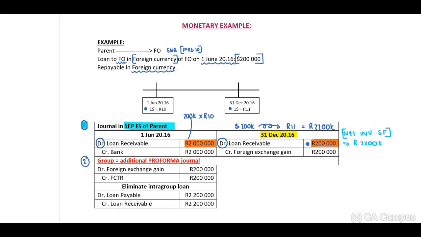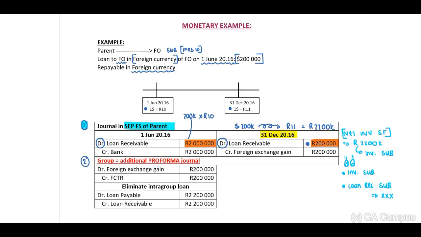And we will be able to identify that this will be part of our investment in our subsidiary, or not part of it, guys, because we're not going to net this off. But when you look at your financial statements, you will be able to identify that there will be a line item investment in subsidiary, and we will have our loan receivable from our subsidiary. Therefore, this will result in a net investment amount.